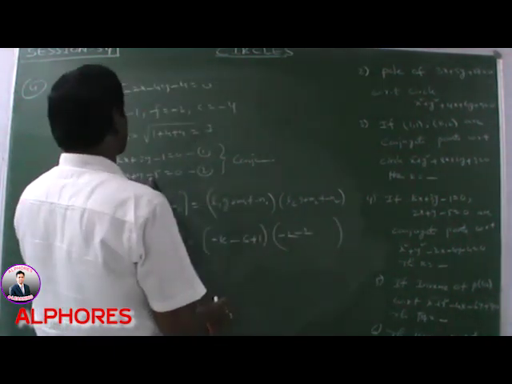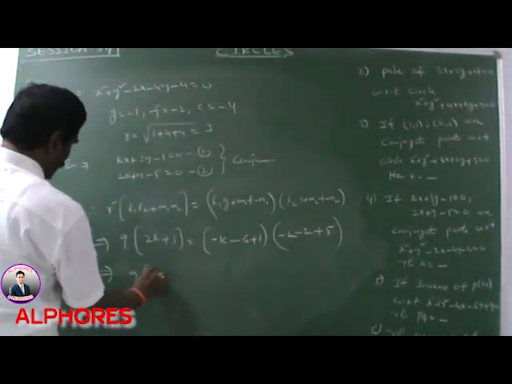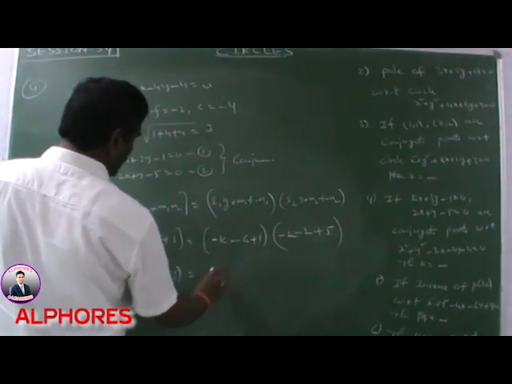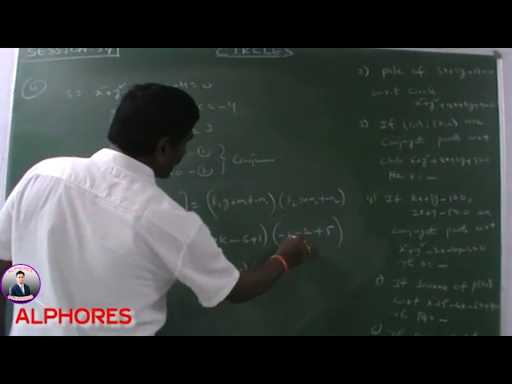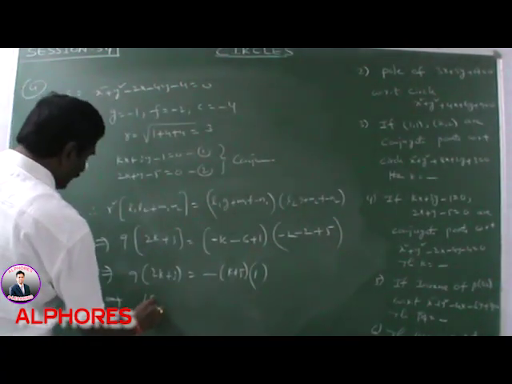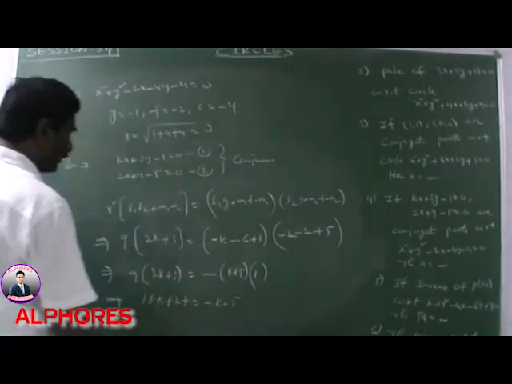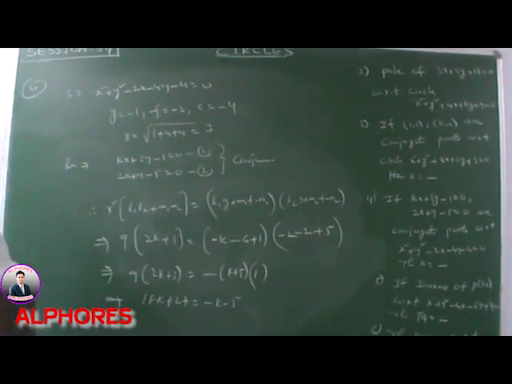N2 is equal to minus 5, that means plus 5. That implies 9 into (2k plus 3) is equal to (minus 1 minus k plus 1, means minus of k) into (minus 2 minus 2 plus 5, means 1). Simplify this value. 18k plus 27 is equal to minus k minus 5. So 19k is equal to, find this value and simplify, k is equal to how much?